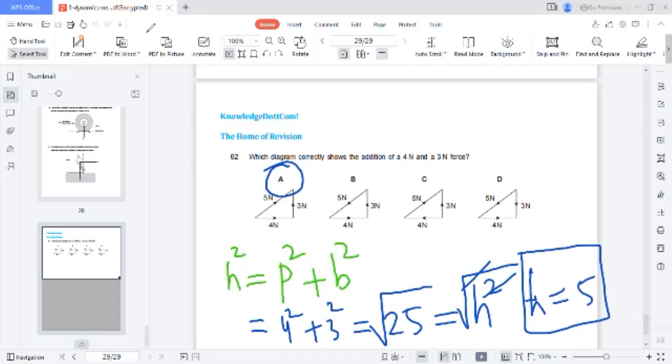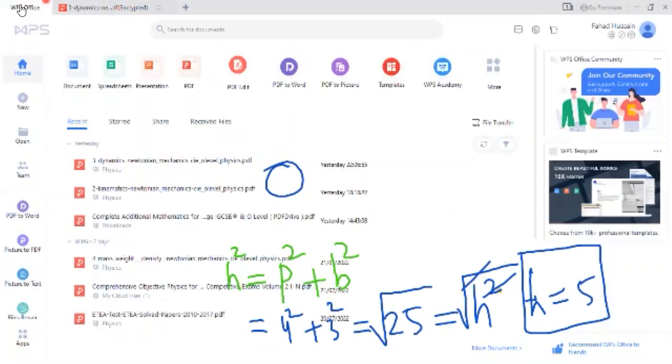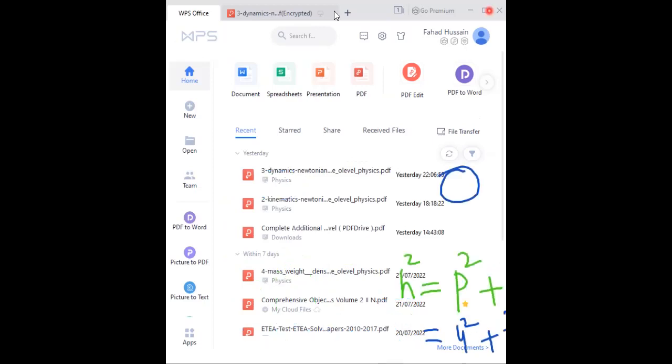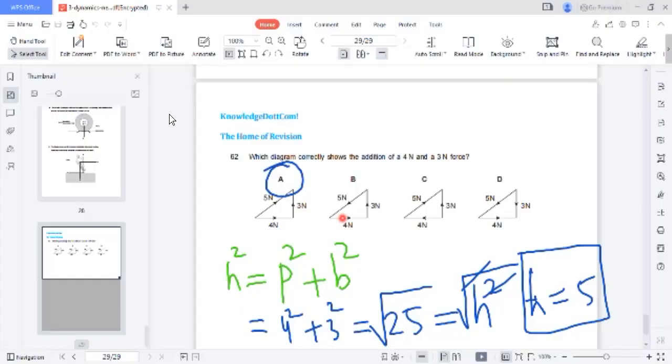Let's consider other options as well. You can see this is a result, 4 Newton force, then it is a 5 Newton force. Four Newton force, and this is 3 Newton, but this one is going in an opposite direction.